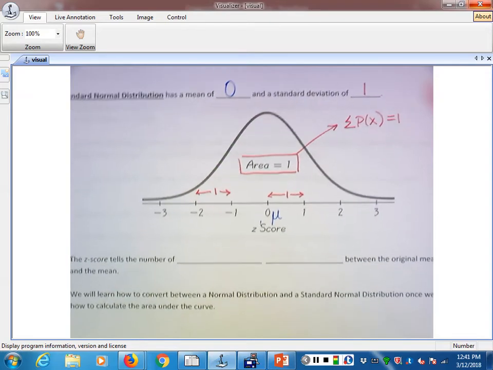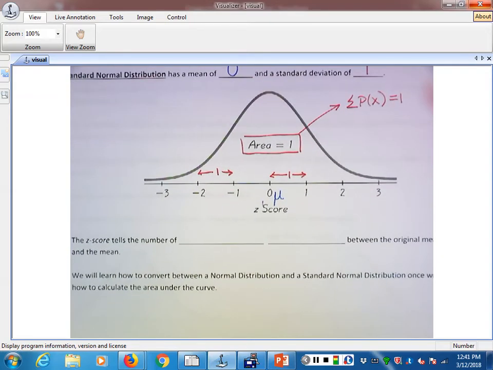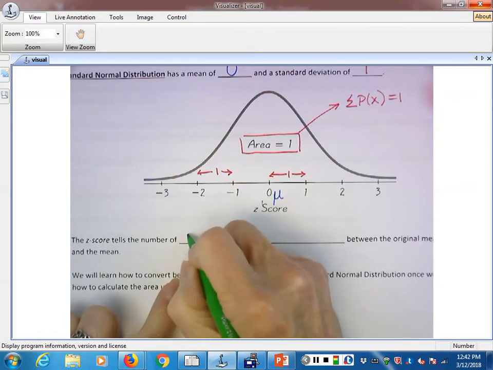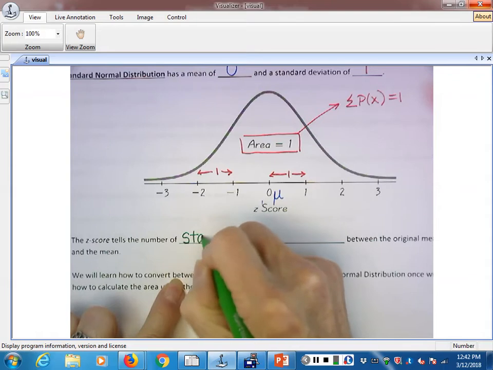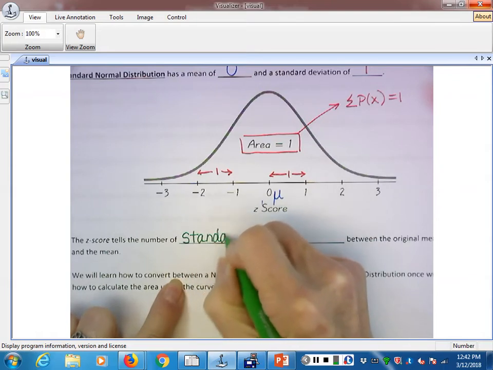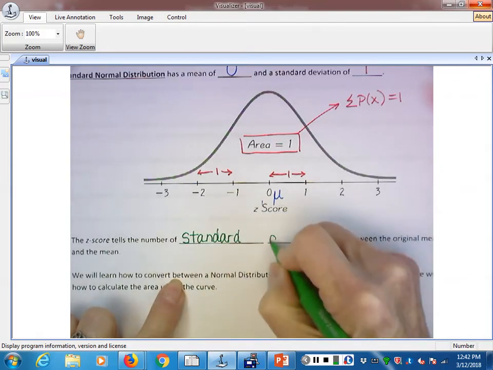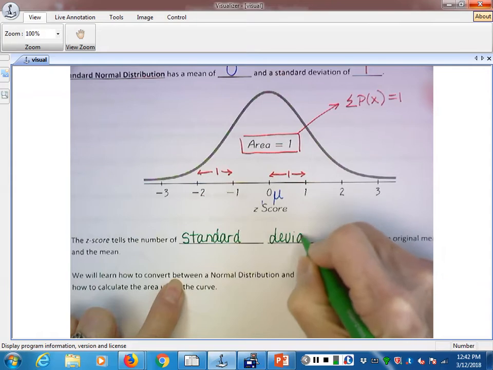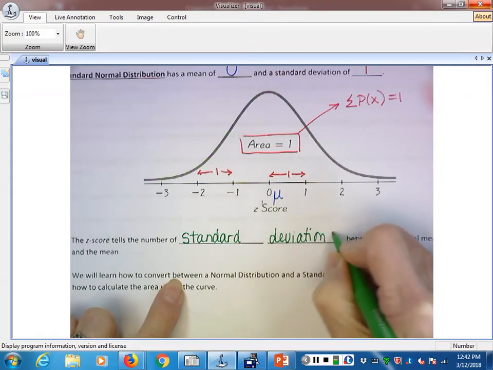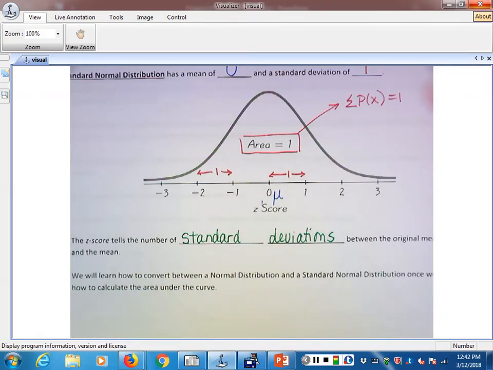What I want you to understand, the very important thing here to know, is that the z-score tells you the number of standard deviations between the original measurement, which is an X measurement, or a raw score, and the mean of the original measurements.